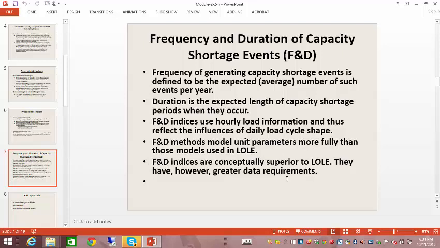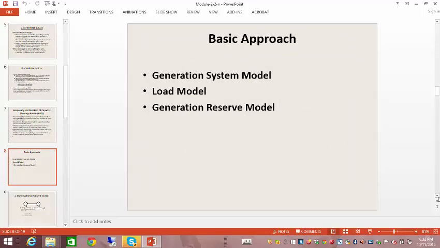Conceptually, the frequency and duration indices are superior to the loss of load expectation because they provide more information, but they also have greater requirements for data.